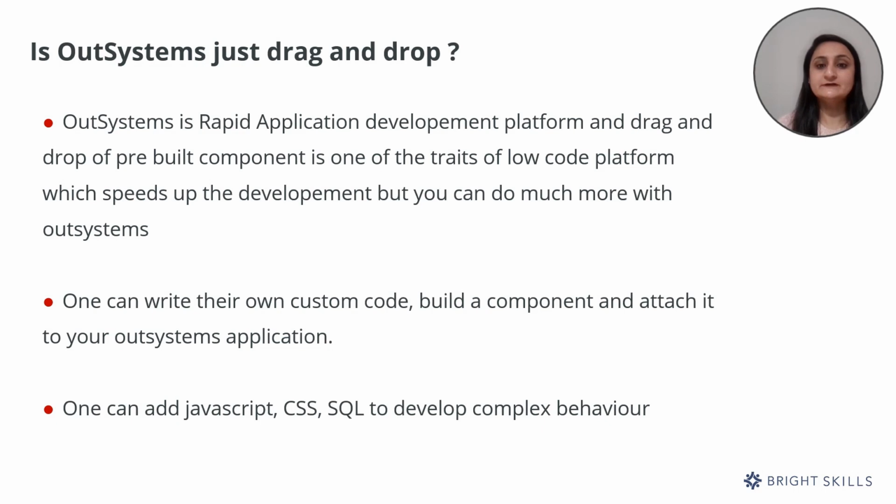OutSystems is a rapid application development platform, and drag and drop, like I said, is one of the traits of a low-code platform. But you can do much more with OutSystems. You can write custom code, build a component, and you can also integrate JavaScript, CSS, SQL, like I mentioned before.